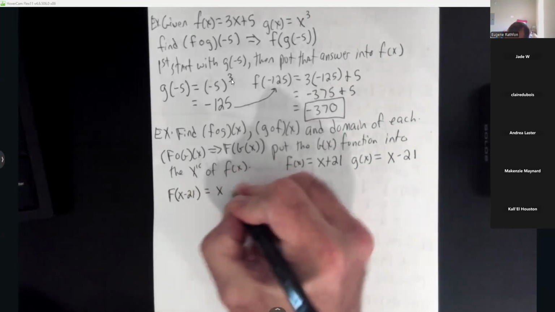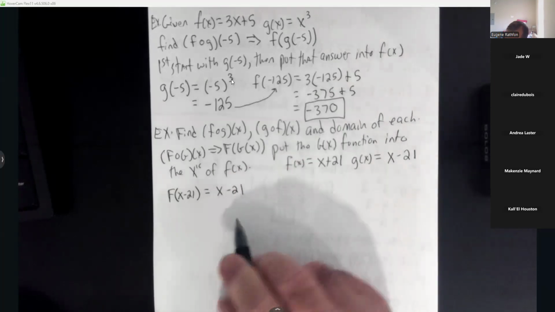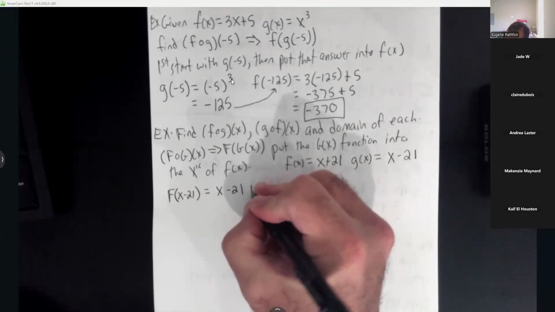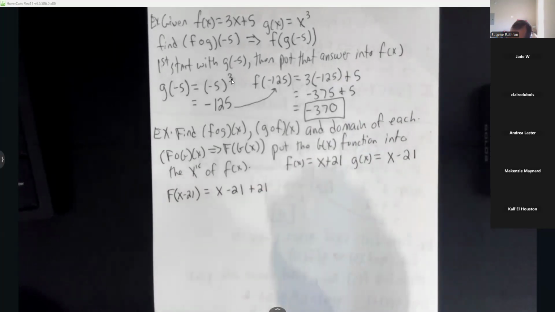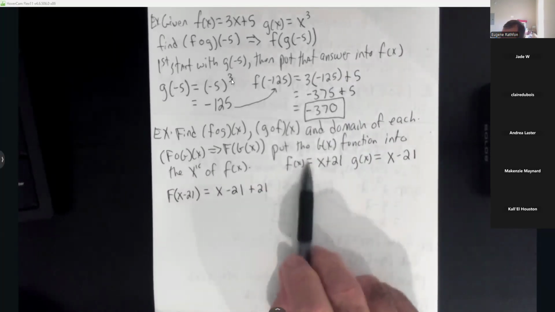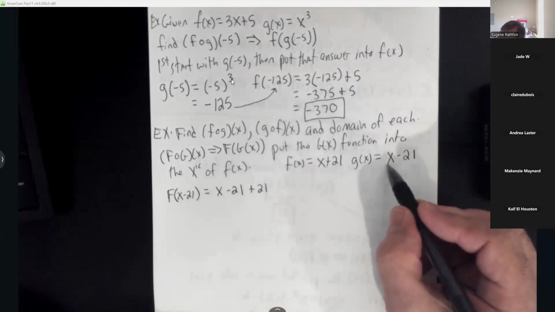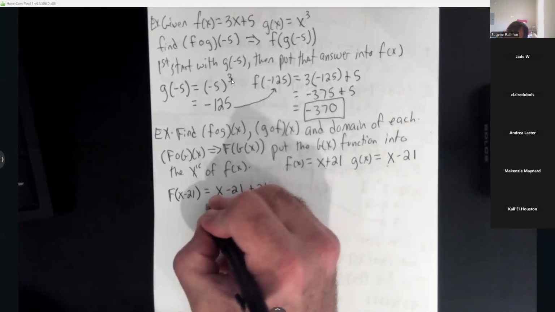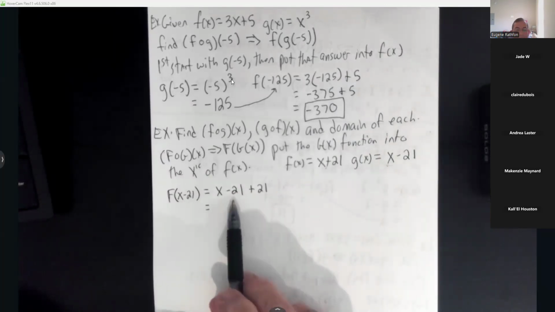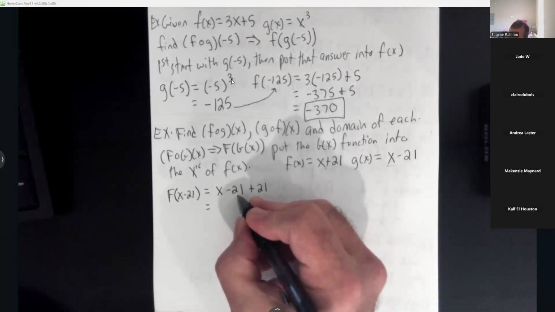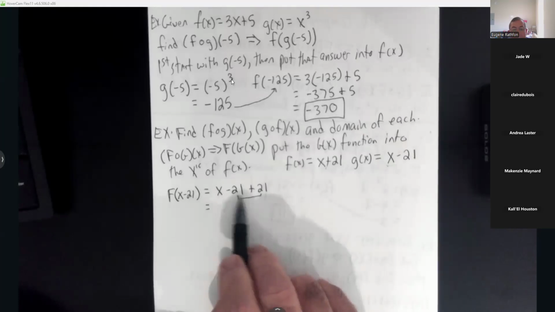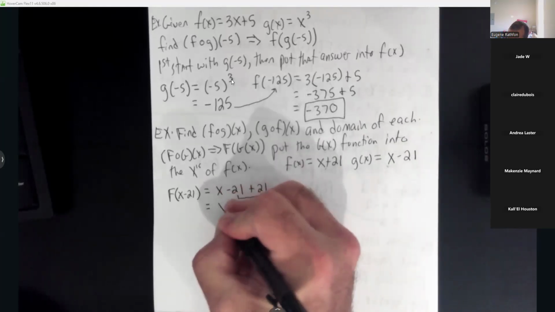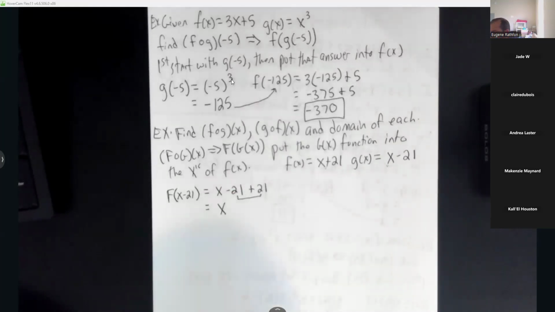So that'll give me x minus 21, and then I still have a plus 21. Okay, so it still looks like the f of x here, other than I put this whole thing in for that 1x. Now, the only thing I can do here is add like terms. But my like terms for the numbers are going to cancel. So all that's left on this one is an x.